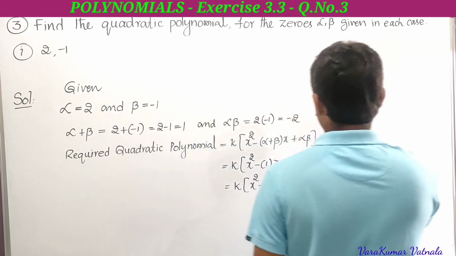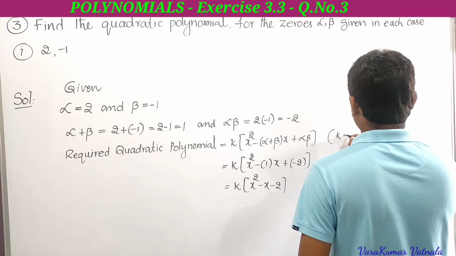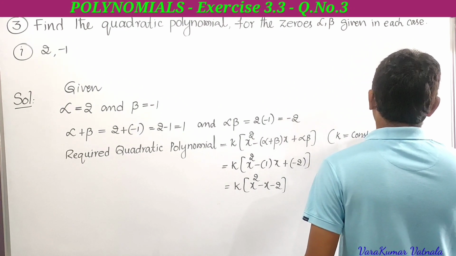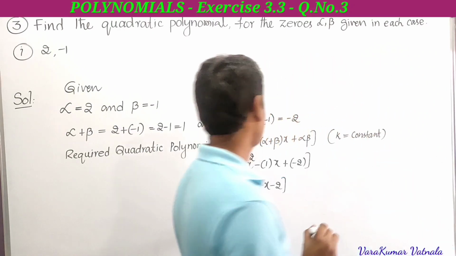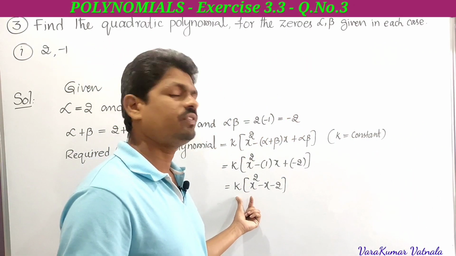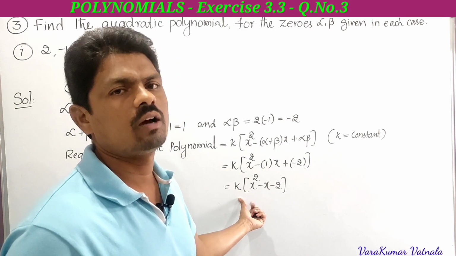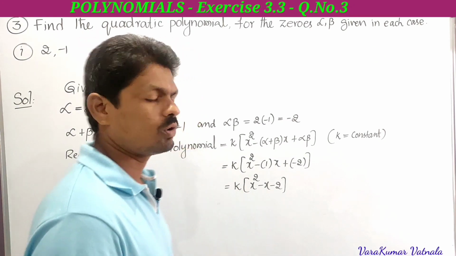Here we have to write where k is constant. So this is the required quadratic polynomial. For different values of k, we can get different quadratic polynomials. Now I am substituting k is equal to 1.